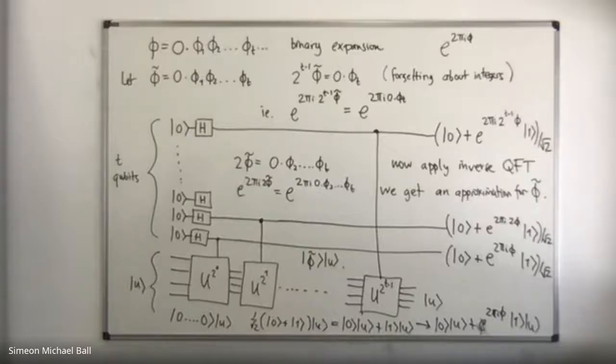If we do the inverse Fourier transform of this, what do we get? Oh, okay, we get straight up phi. We get phi tilde, or otherwise it's not an approximation for phi bar, right? It's an approximation for phi because we get phi bar exactly.